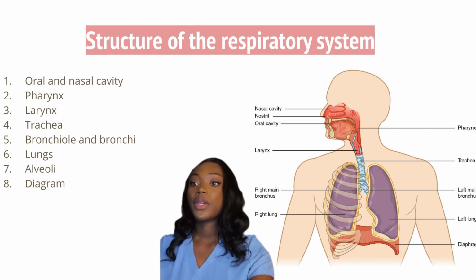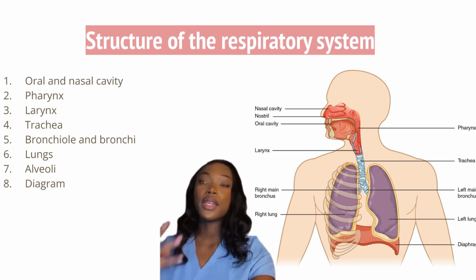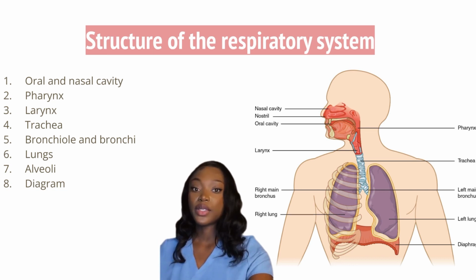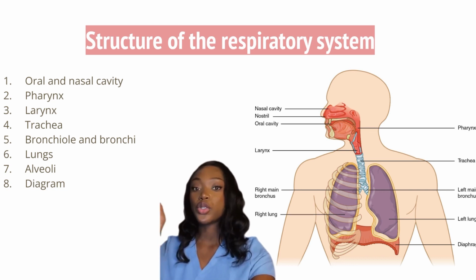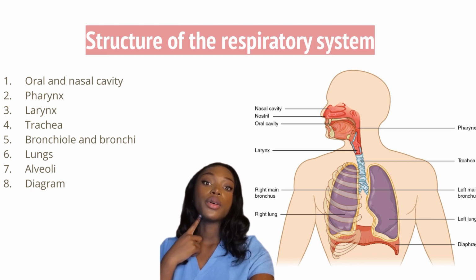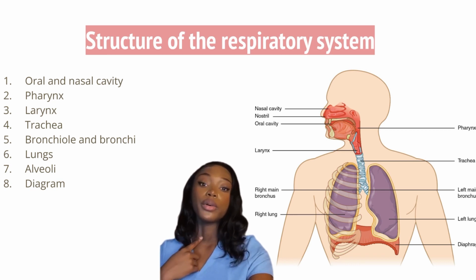After that, we have the trachea, which you can think of as a windpipe. It's a tube that connects the larynx to the bronchi. Like you can see, we are just going all the way down from the nose, the mouth, the throat, the voice box, the trachea, all the way down to the lungs.